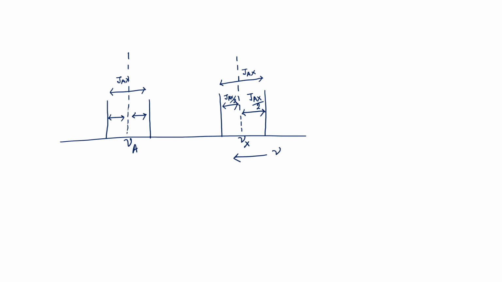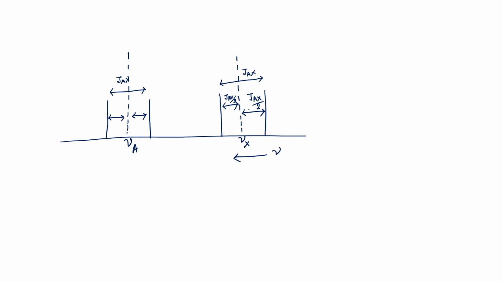But now, due to the coupling of X on A, the two transitions become distinct, one at the plus side and another at the minus side, right?